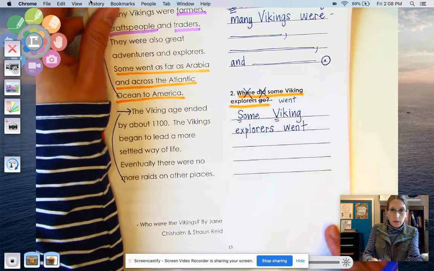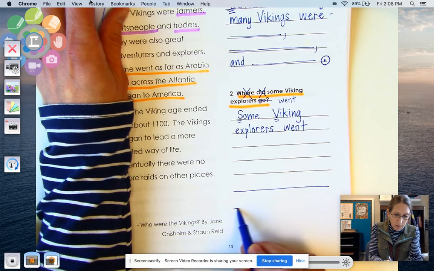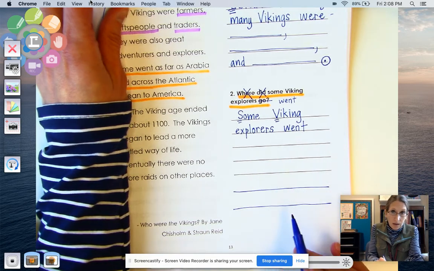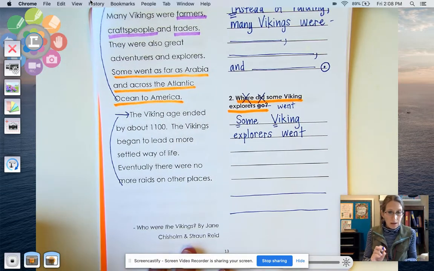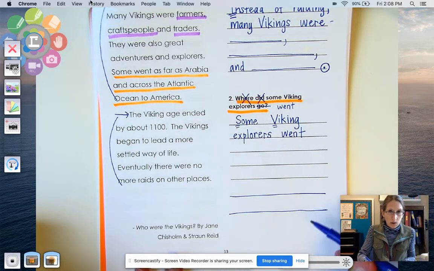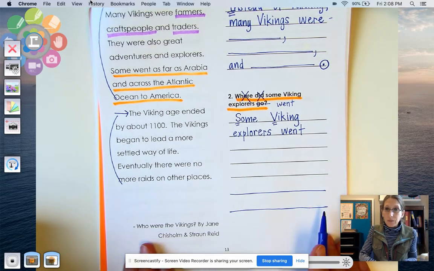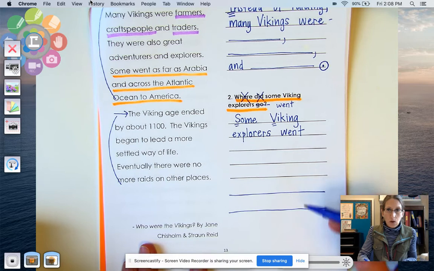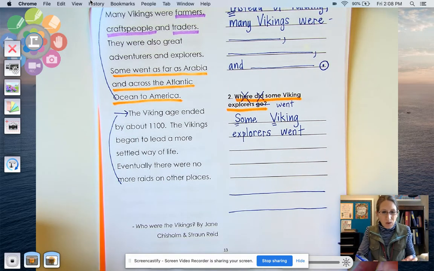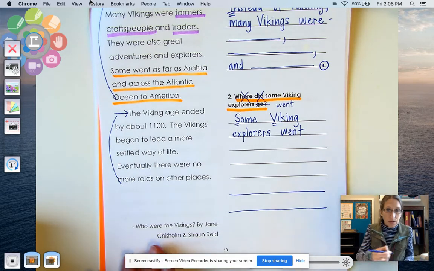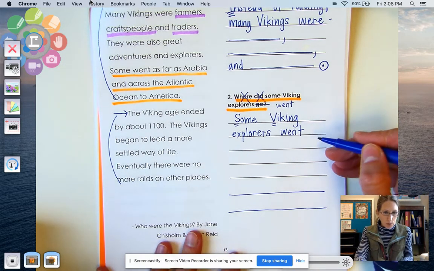If you run out of space, sometimes I just add a line down here if I want to include all my details and I don't have enough space. So I will leave that up to you, but please remember when you are finished to check for capital letters and for end marks. Another thing I often do when I'm writing is I read over it to see if I remembered all the words. You know, sometimes when you're writing, you get a little ahead of yourself and then you realize, oops, I forgot a word. So that's always kind of a prudent thing to do too.